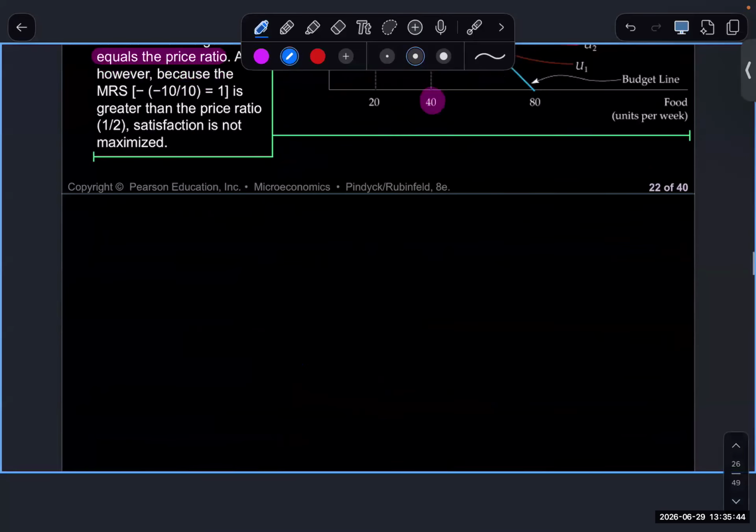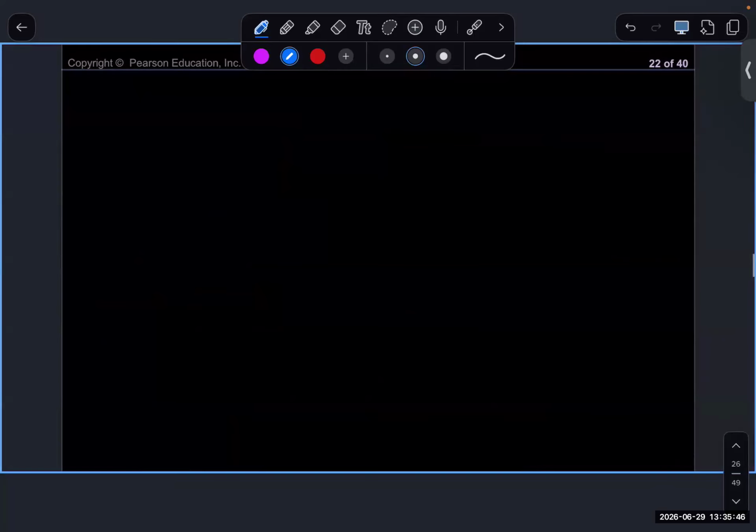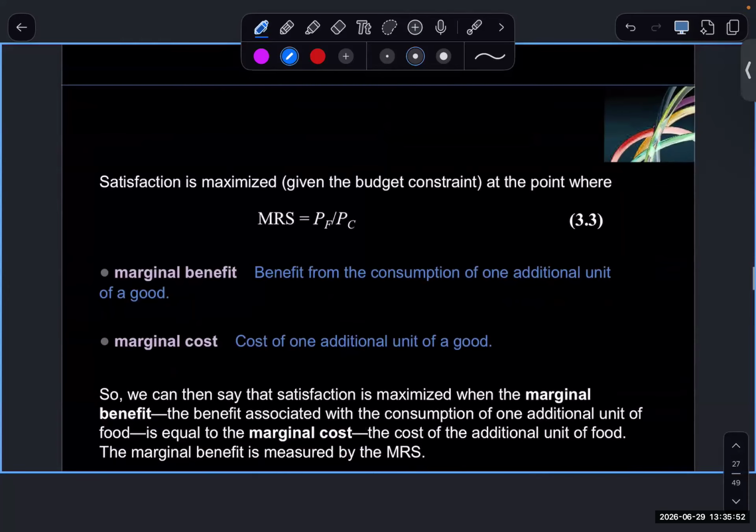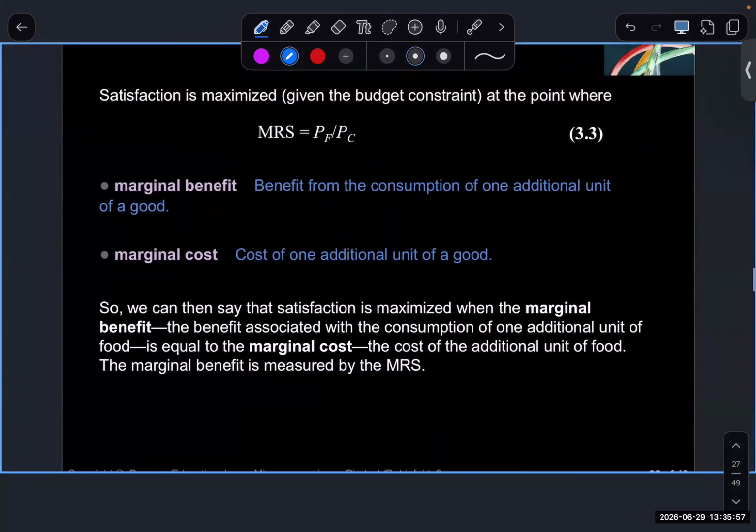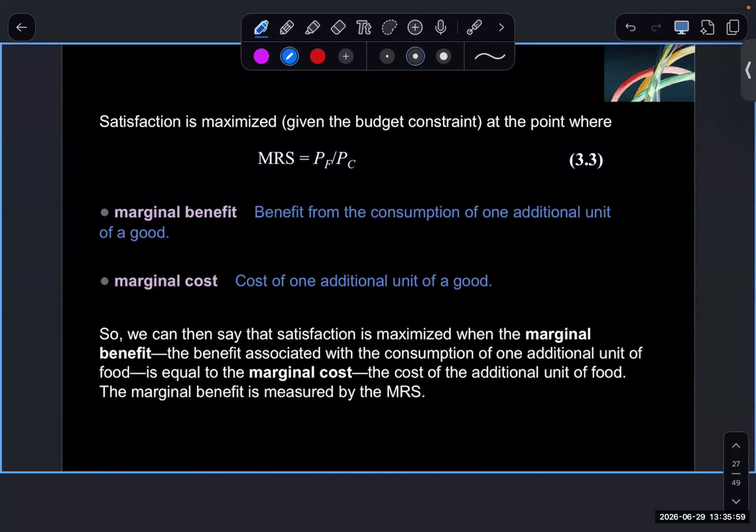Okay, let's move on. As I showed you before, at the optimal point, what you gain equals what you pay. So we have marginal benefit and marginal cost.